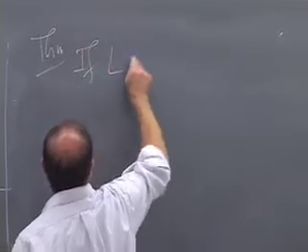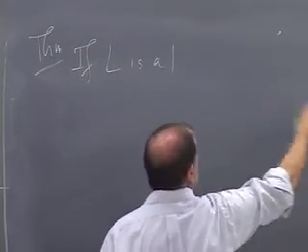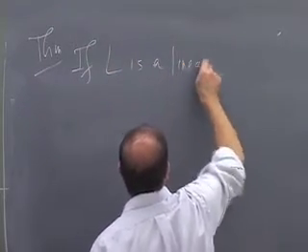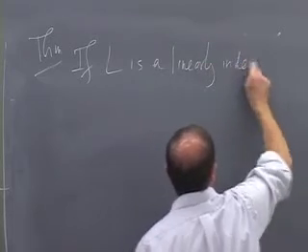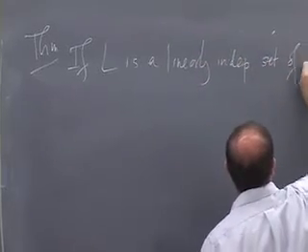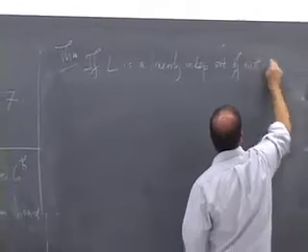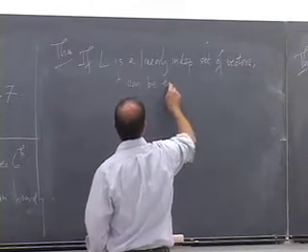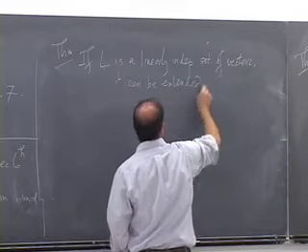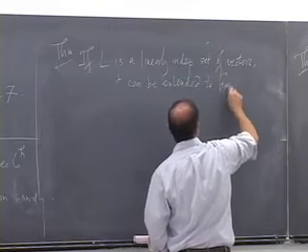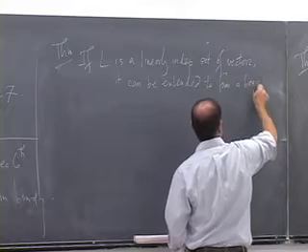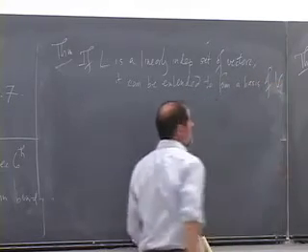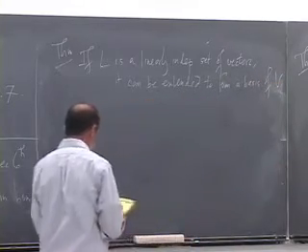If L is a linearly independent set of vectors, it can be extended to form a basis of V. Namely, you can add vectors to it one by one to get a basis.